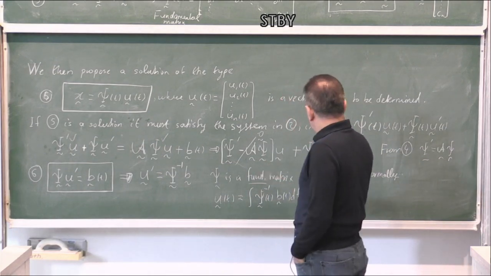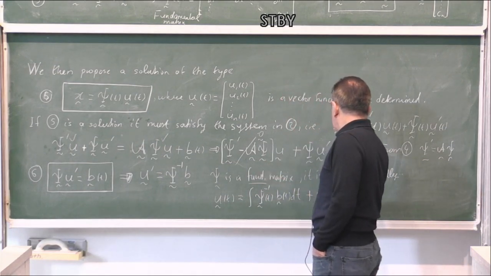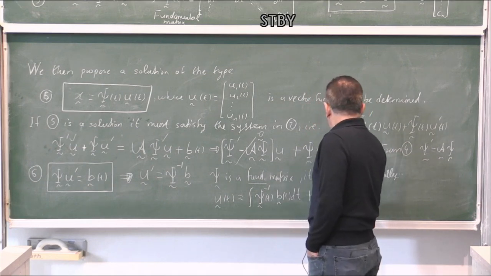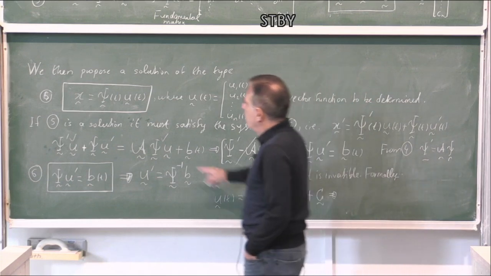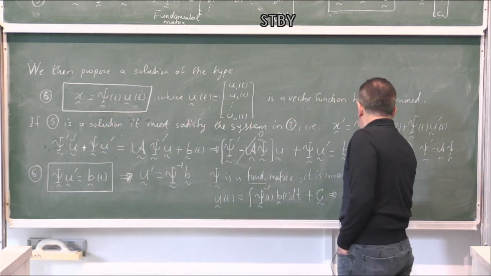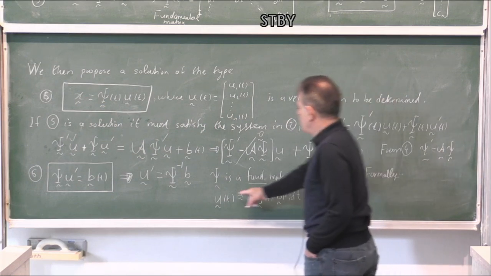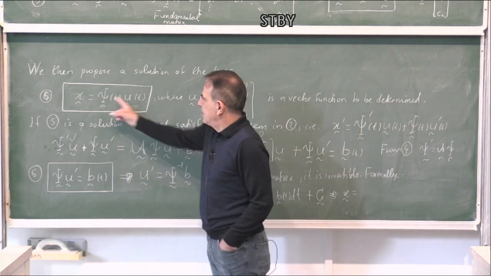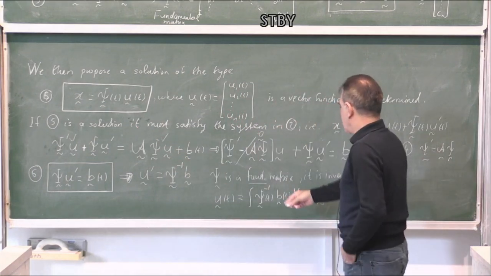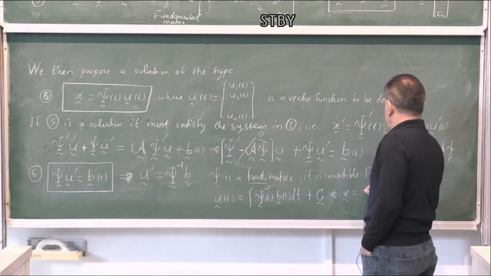If you want, you can introduce an arbitrary constant vector. Now, recall the type of the solution. What is x? Multiply throughout by psi from the left, and you get the solution.